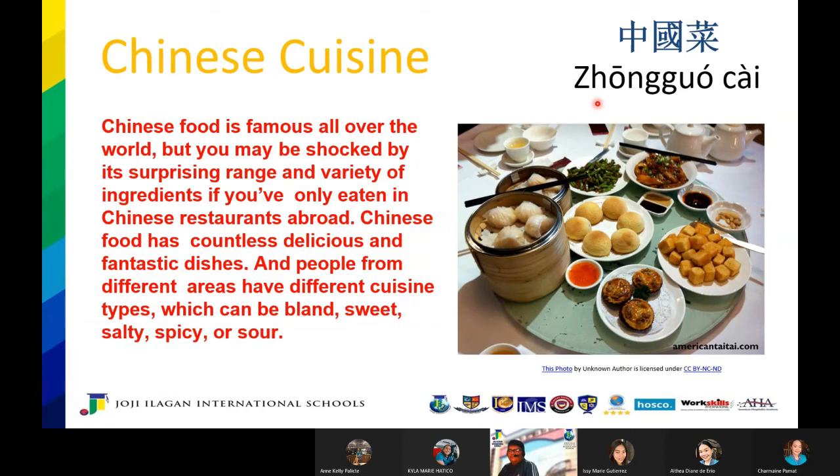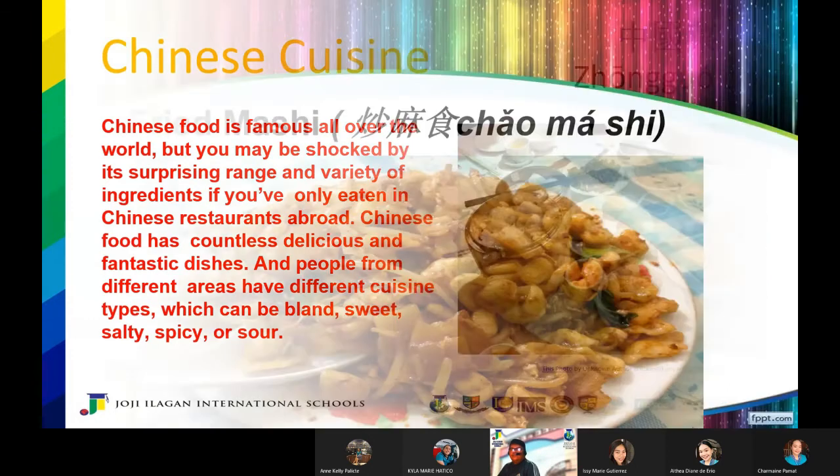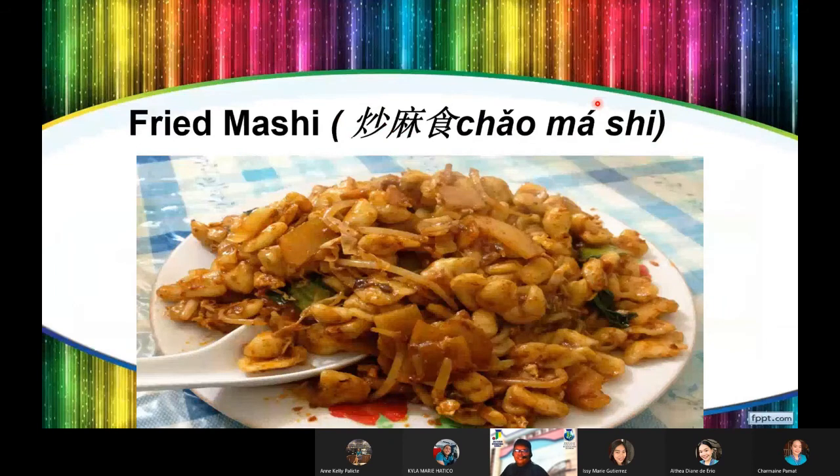So let me mention some few dishes. These are actually usually served during Chinese New Year, no. So first is fried mash, or in Mandarin it's chow mash.